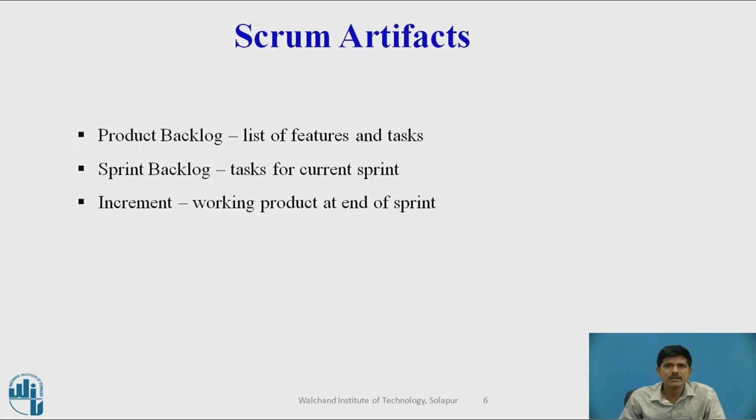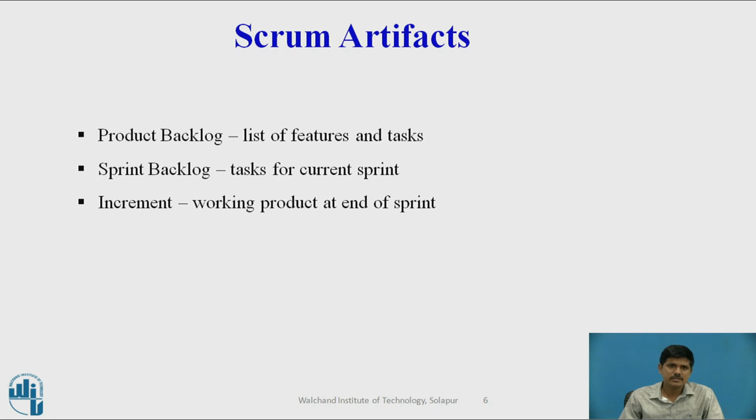So there are some artifacts when you are using Scrum. The first one is the product backlog. As already mentioned, the product owner is responsible to take the requirements from the customer or client, and he arranges them as per the priority in the product backlog. Next is the sprint backlog.